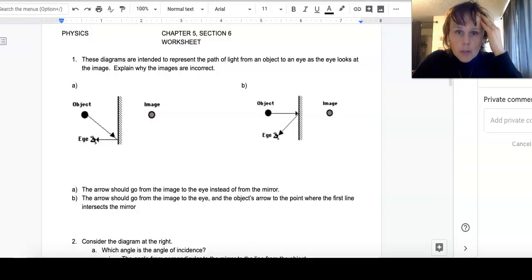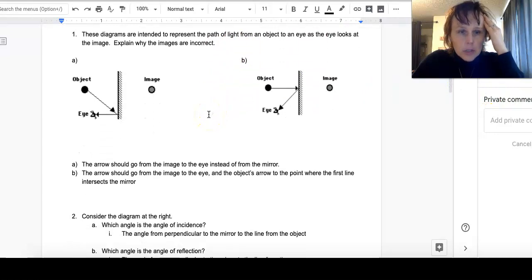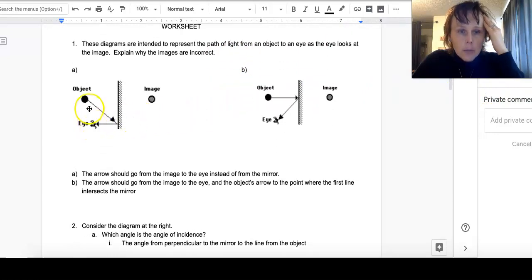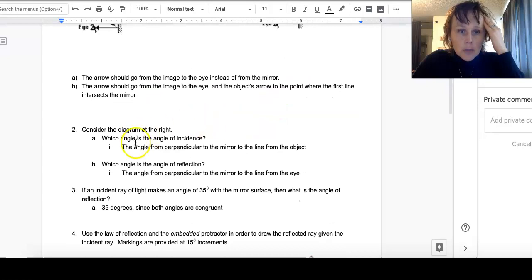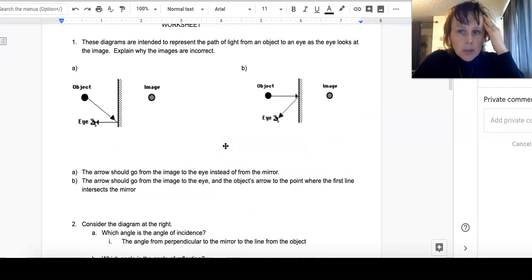I want to talk about the second assignment you had, which is the worksheet. The worksheet had 2 sides, and this is the second side of the worksheet. Here you had to answer what's wrong with the images and draw the angles on the protractor.